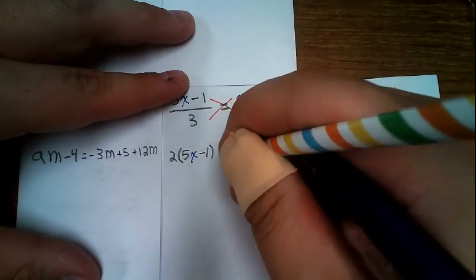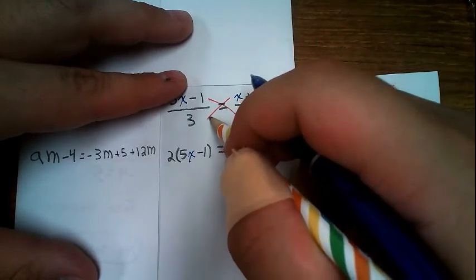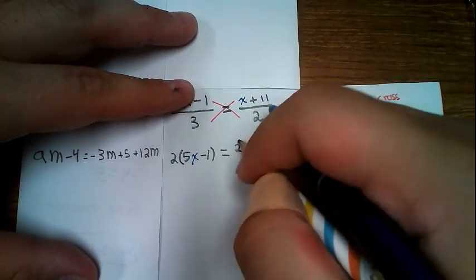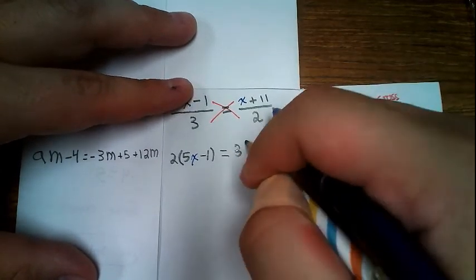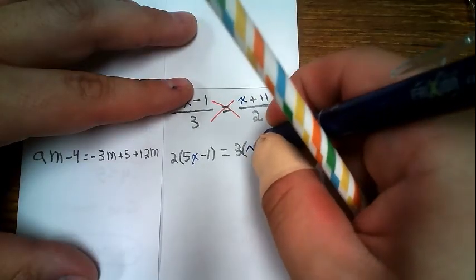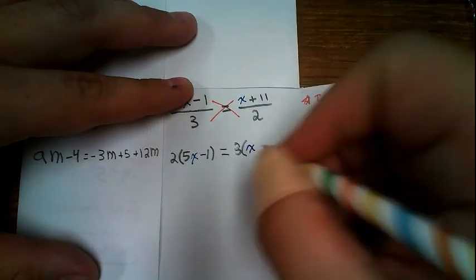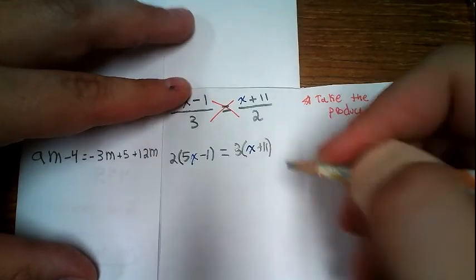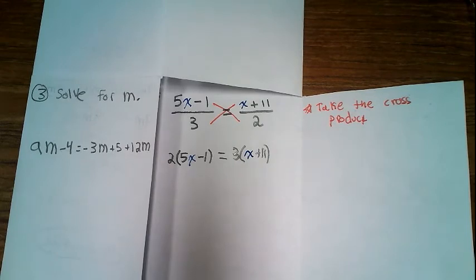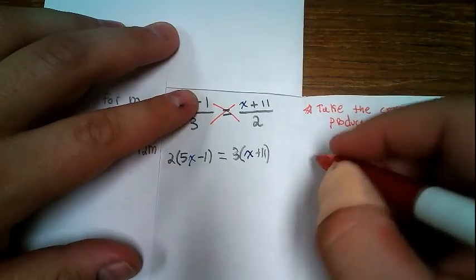And that should equal 3 times the quantity x plus 11. And those are my cross products. My next step would then be to distribute on both sides.